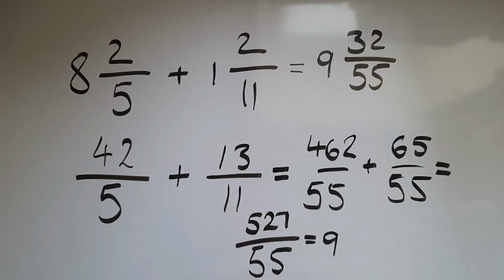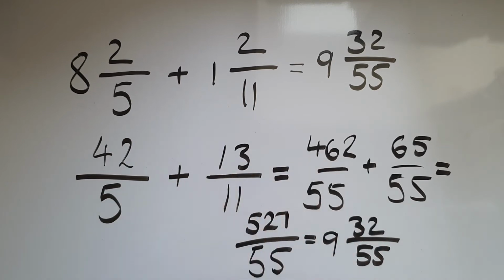So what is left? 9 times 55 gives us 495. So if we take that away from 527, that leaves us with 32 slices. And that matches our answer.